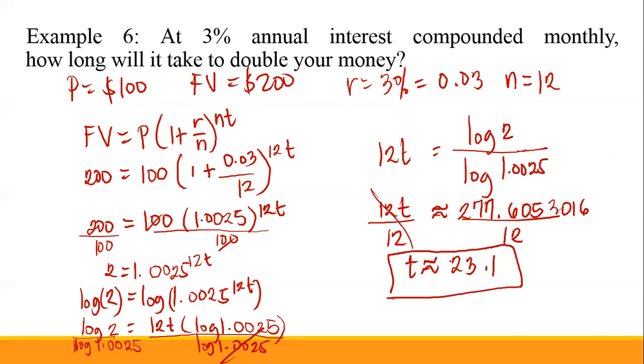Okay, so ito yung kailangan mo. 23.1 years to double your money. Okay? There. Yan. So, at 3% annual interest rate, it will take approximately 23.1 years to double your money. Okay? Just to double your money.